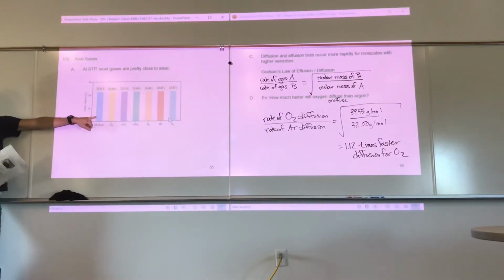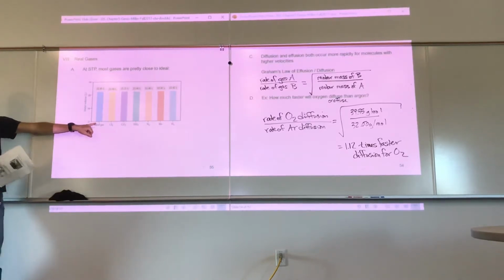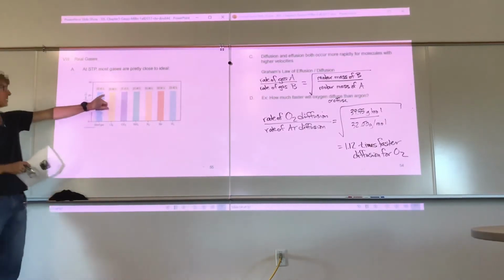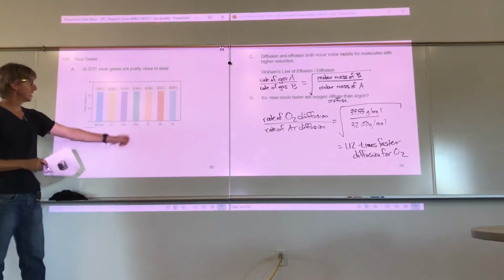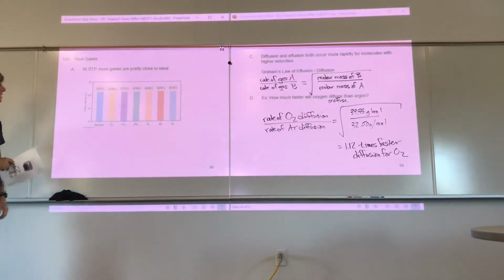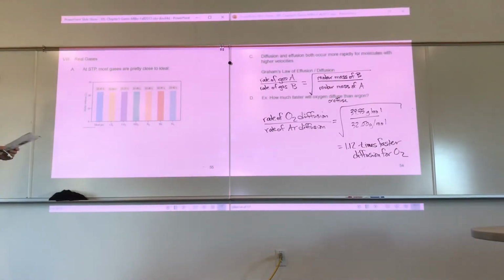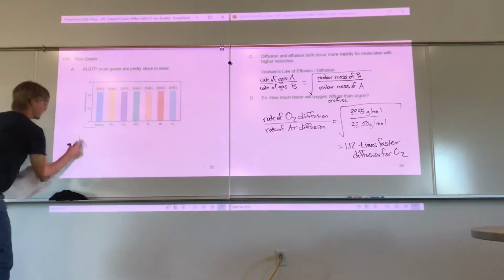I will say this for everyone, although I've told some of you already: in order to do this for lab, you have to do a combined gas law calculation to get to STP, because your experiment was not done at STP. Happy to help you with that. But anyway, you can see there are small variations, but pretty much everything is very close to ideal in the molar volume. That's at least one measure of the molar volume.